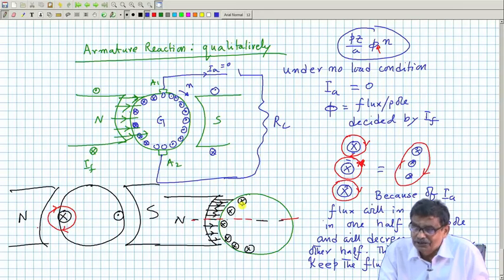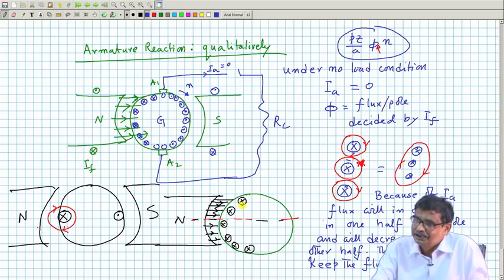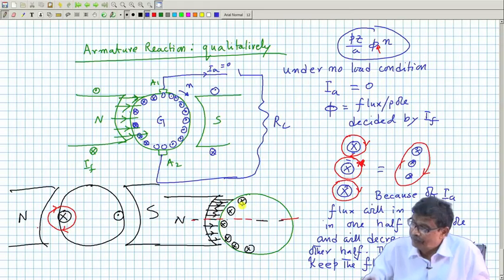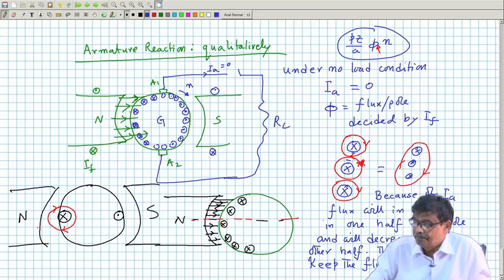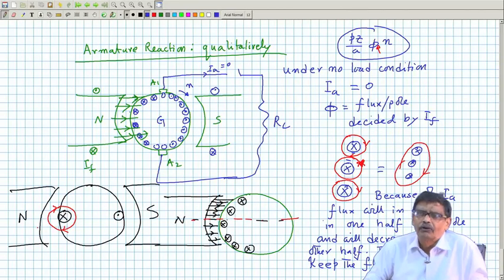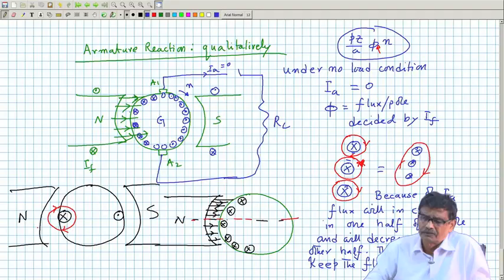However, it is unsaturated portion. Here it will decrease in proportion. Therefore, I put this sign here. Perhaps it will remain same, will keep the flux per pole phi unchanged. May be true for a lesser degree of loading, low value of armature current, but may not be true at large value of current.